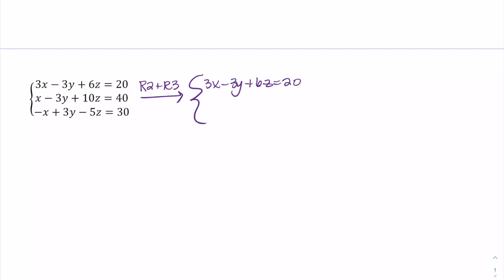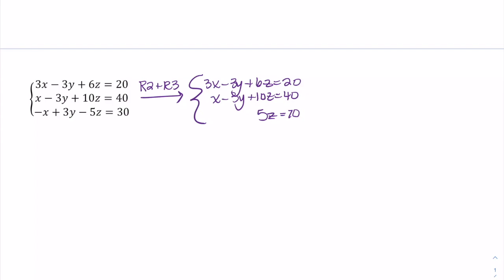We just keep them and save those for later work. Okay, so if I add row 2 and row 3, the x's are going to cancel, the y's are going to cancel, and then we would get 5z is equal to 70.